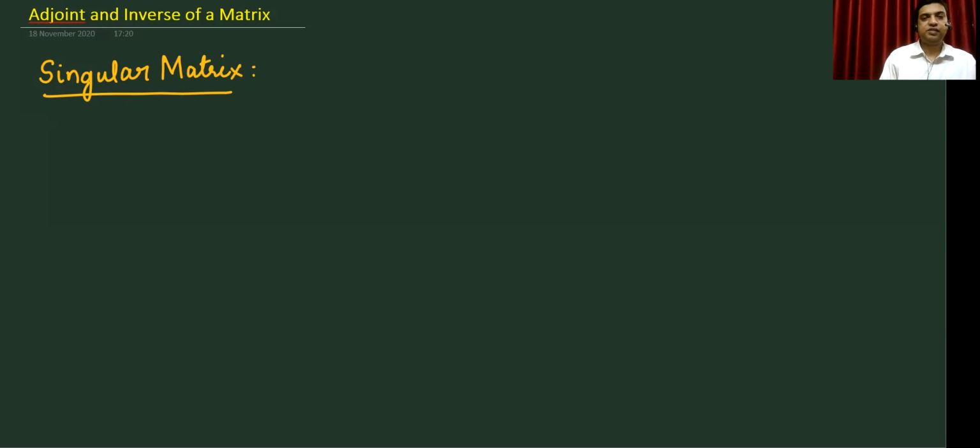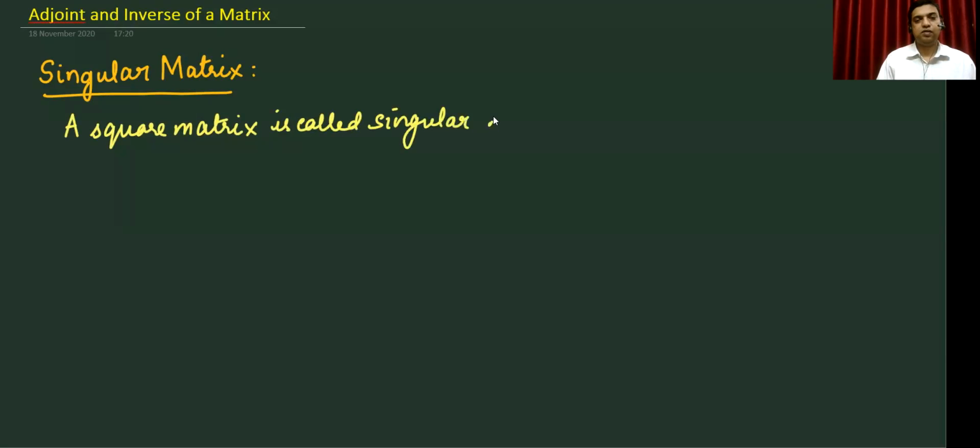A square matrix is called singular if its determinant is 0.